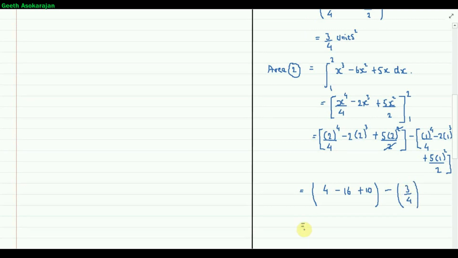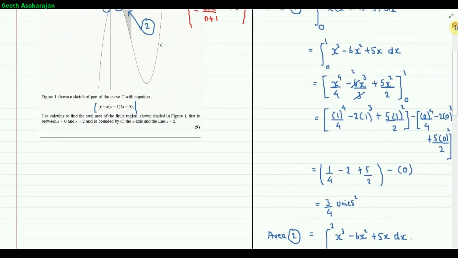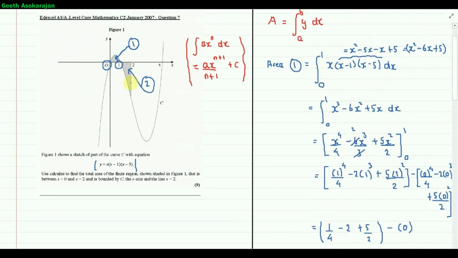So let's plug that into our calculators. So 4 minus 16 plus 10, and subtracting the 3 over 4, we should get a minus 11 over 4. Now, as I said earlier, prior to doing this calculation, we are anticipating a negative answer purely because that region is beneath the x-axis.